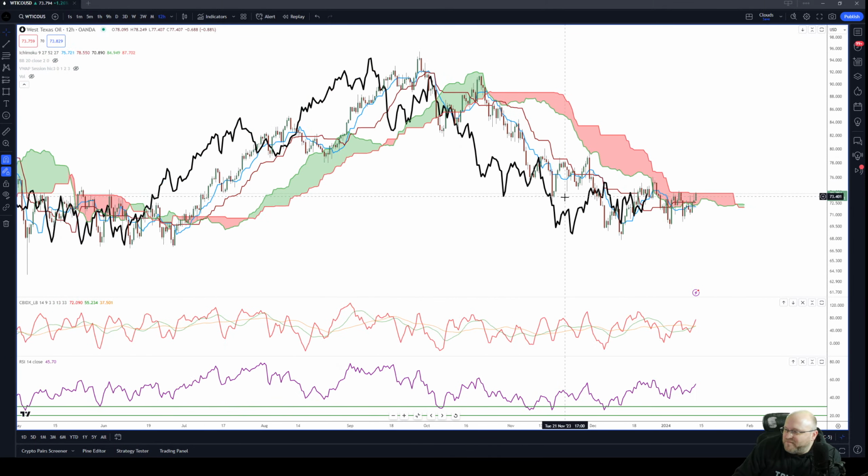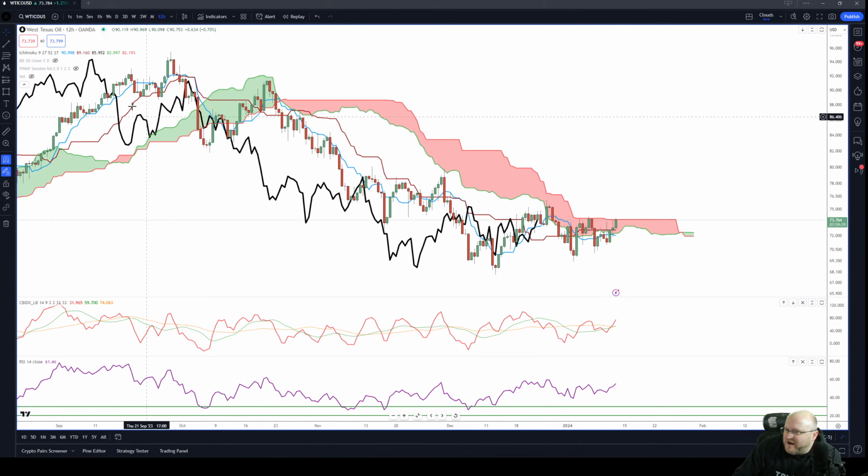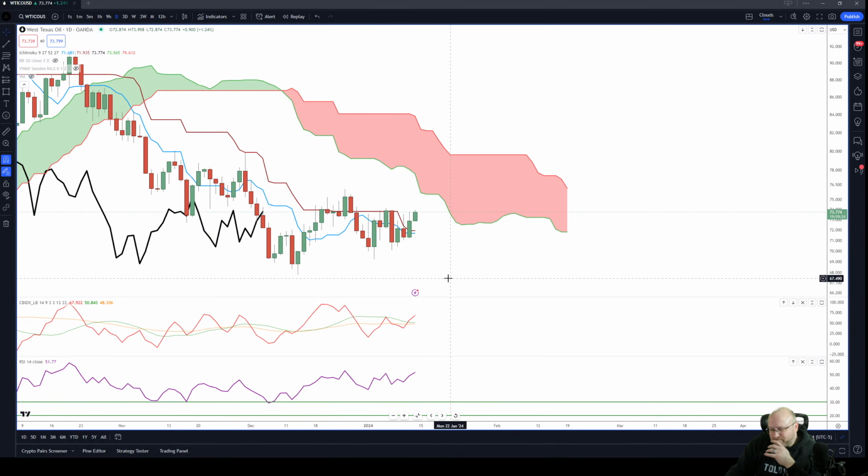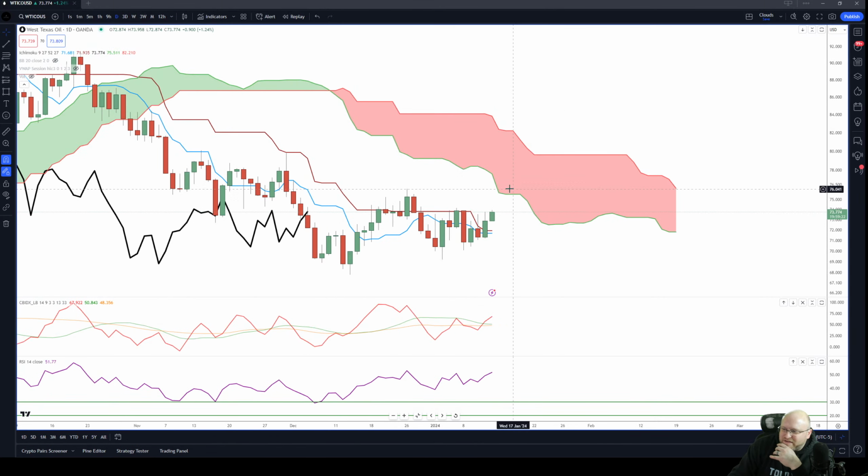Also, this looks like a very bearish continuation setup. And you look at the daily chart, your upside potential is limited to that 75.60 zone.